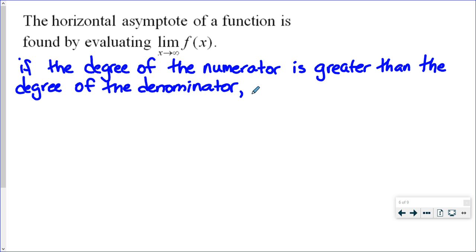What do we say happens as far as limits are concerned? The limit does not exist. Or in terms of horizontal asymptotes, there is no horizontal asymptote.